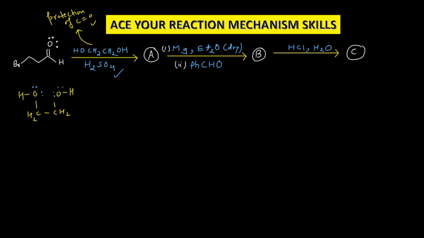So what will happen, say for example, this will attack on this carbonyl carbon and this will get shifted over there, and when this happens, you will have this particular compound, Br at the beta position. This is your beta carbon, this is your alpha carbon, and this is your carbonyl group. Of course, two lone pairs were already on it. One has come from the shifting of the pi bond, which was earlier present between the carbon and the oxygen.